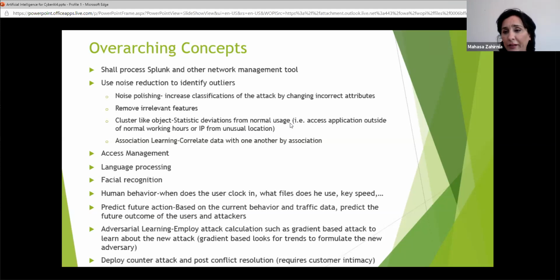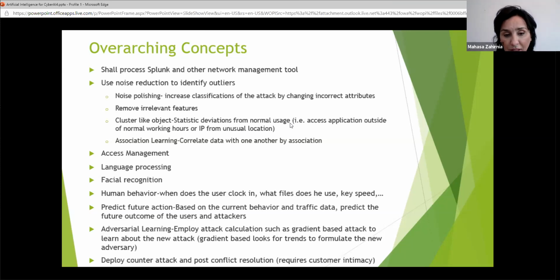We also have to mimic the human interfaces: when this person clocks in, what files does he use, what's the speed of keys that he types into the keyboard. These are key behavioral parameters that identify Mahasa as Mahasa. And if those don't exist, we can mimic that very easily and bypass those types of problems.